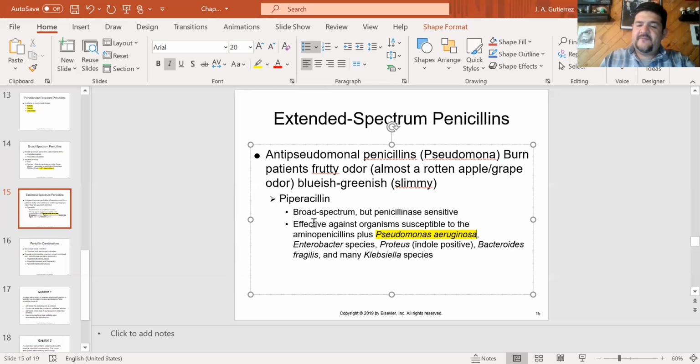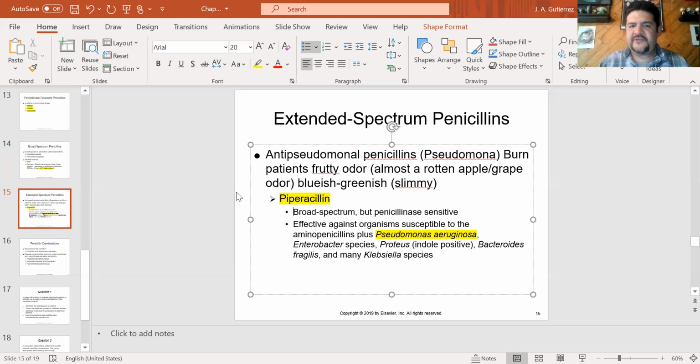So for this type of bacteria, we have a very specific penicillin called piperacillin. Regarding penicillins, piperacillin is the main penicillin to treat Pseudomonas infections.